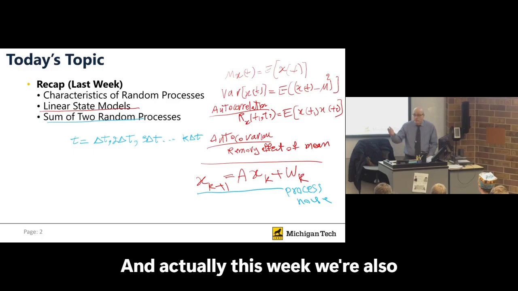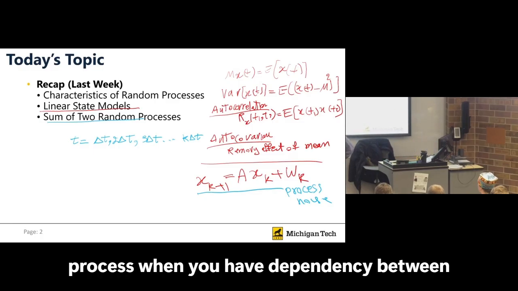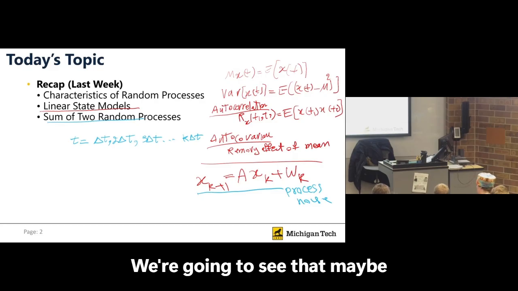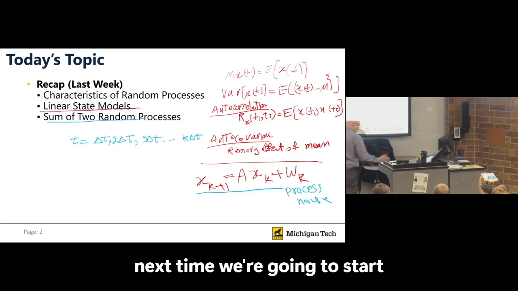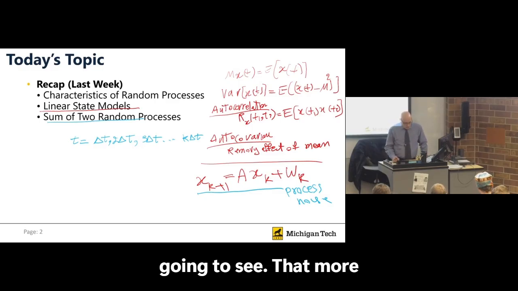This week we're also going to have something called a Markov process, when you have dependency between these states. We're going to start it today, and next time we're going to see it more.